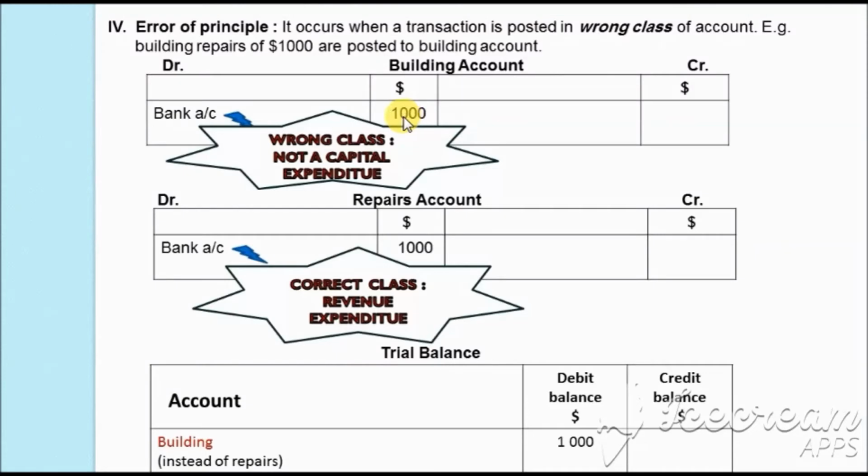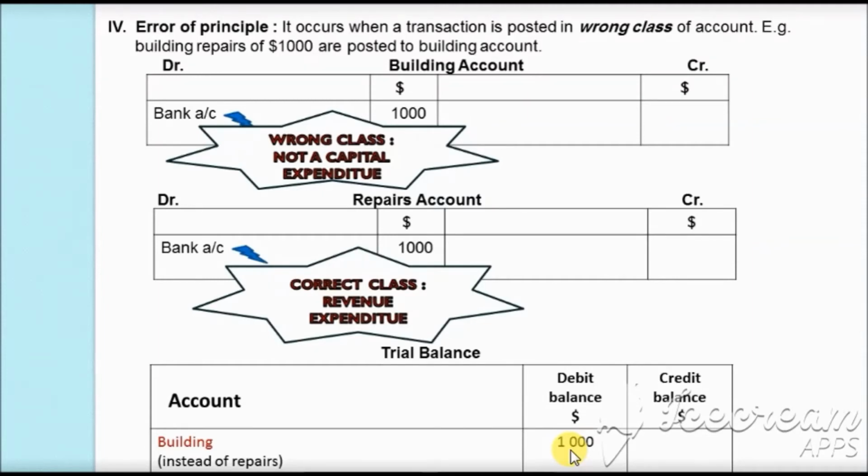This amount should be posted in the repairs account, that is 1,000 on the debit side of the repair account, and it should be a revenue expenditure. So when we proceed further and make the trial balance, in the trial balance we have rightly mentioned the amount because it has to be mentioned in the debit column, and the amount is 1,000, which is rightly done.